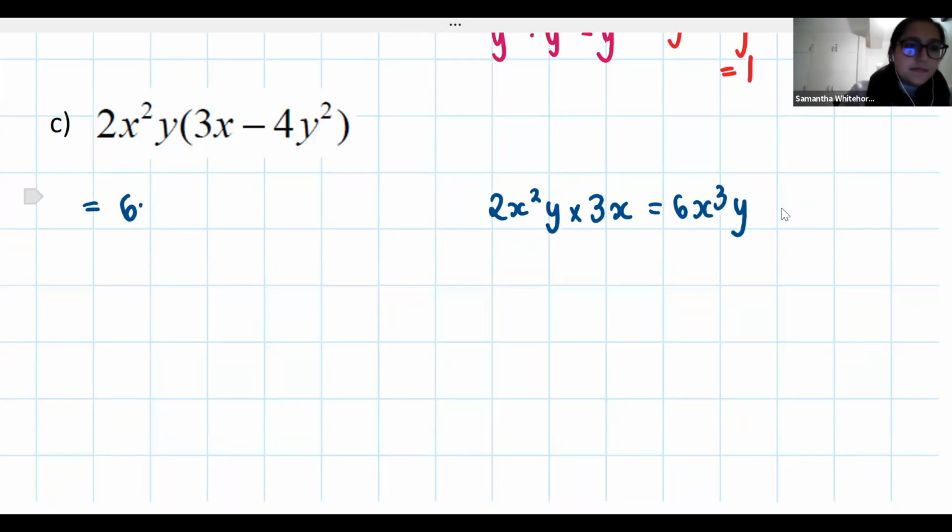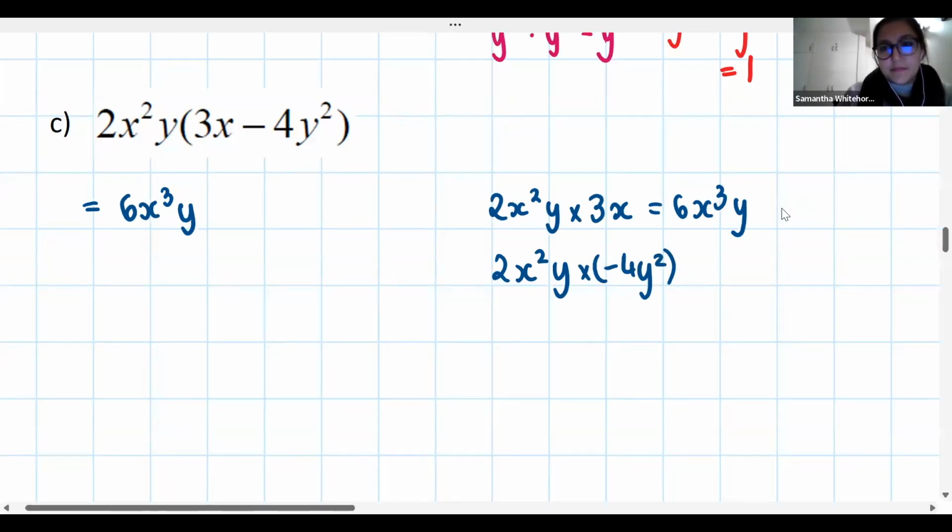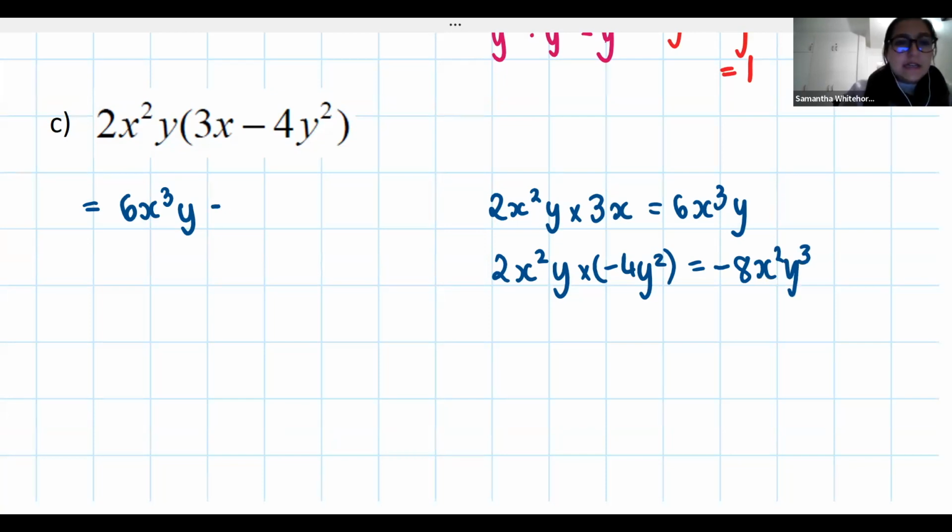And then you say 2x squared y times negative 4y squared. Good. That will equal negative 8x squared y cubed. Okay, sorry, yeah, got you. Now, are these like terms?